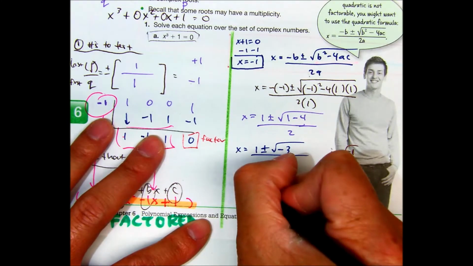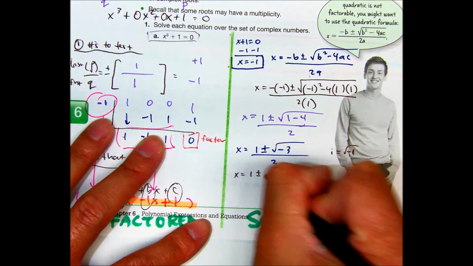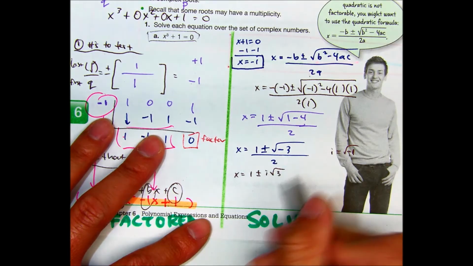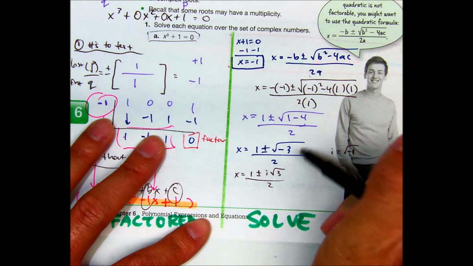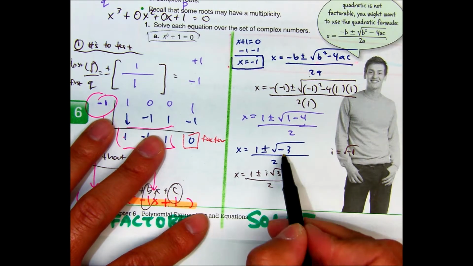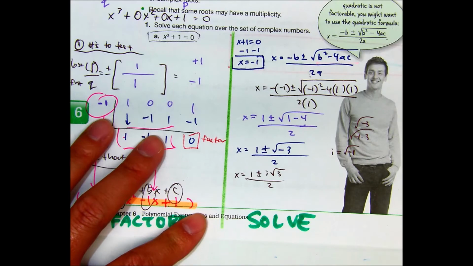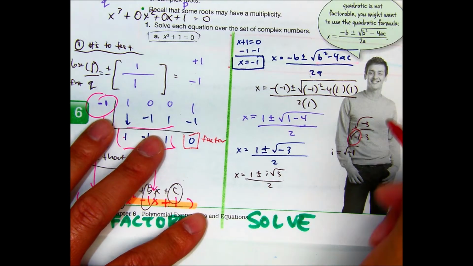You only so 1 plus or minus i radical 3 over 2. Remember, square root of -3 is the square root of -1 times 3. So the square root of -1 is i.